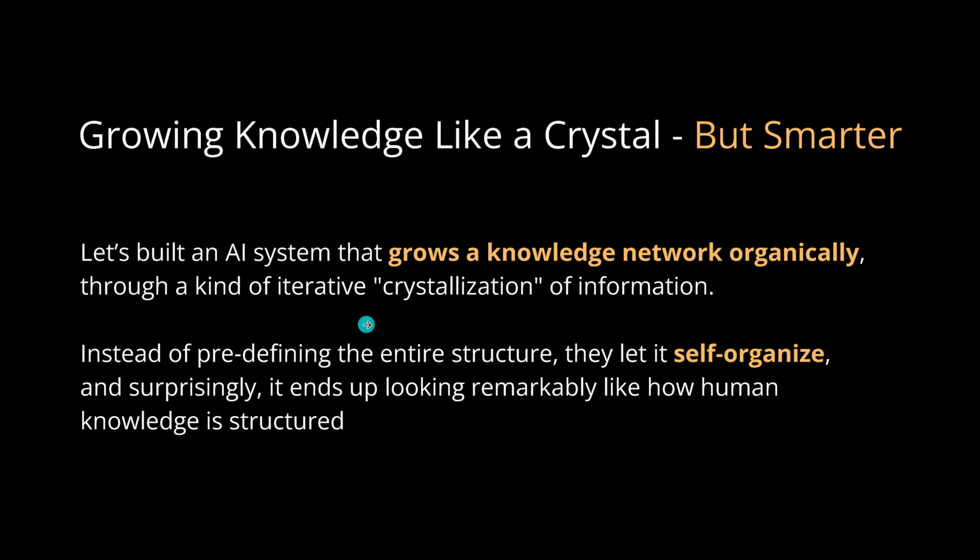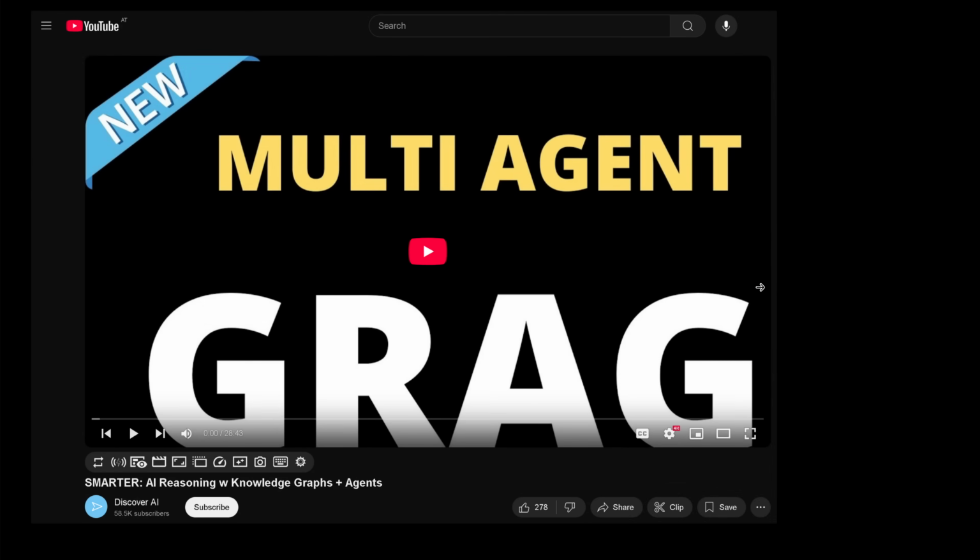Instead of predefining the complete knowledge graph structure, we just give it a nucleus and some very basic instructions so that the knowledge can self-organize into this beautiful crystalline shape of a knowledge graph. And surprisingly, it will end up looking remarkably like how human knowledge is structured. Well, of course, because we will use an AI agent that was trained on human knowledge.